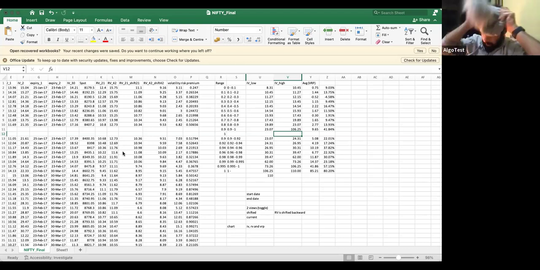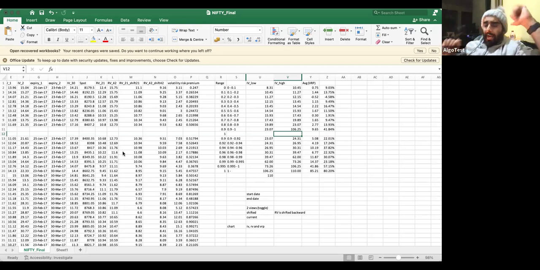If you want to be successful in the market, you need to have that sort of investigative nature, research mindset, and you need to get your hands dirty with Excel at least. I'm not asking you to code.